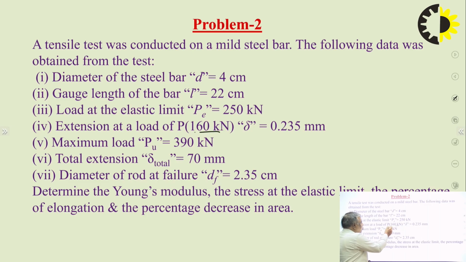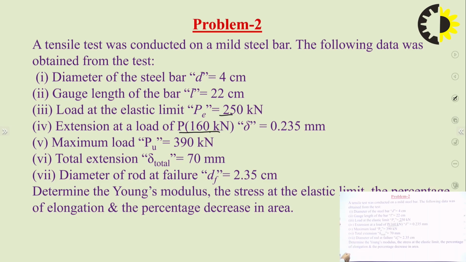Here this load is less than the elastic limit load, so definitely the loading is within the elastic limit, and Hooke's law will be valid up to this 250 kilonewton. Then the maximum load which we can apply, that is the ultimate load, 390 kilonewton, is given. Total extension is 70 millimeter, and the diameter of the rod at failure is 2.35 centimeter.